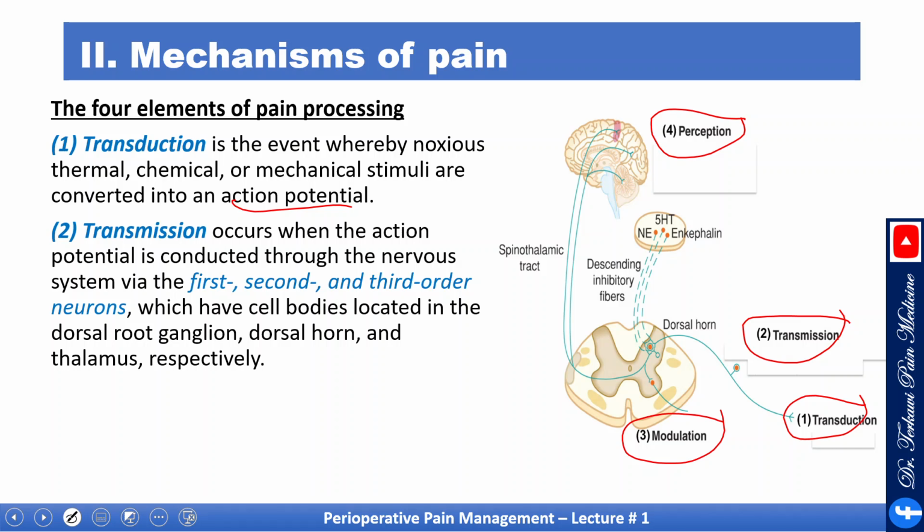Transmission occurs when the action potential is conducted through the nervous system via the first, second, and third order neurons, which have cell bodies located in the dorsal root ganglion, dorsal horn, and thalamus, respectively, as we learned from the previous slides.